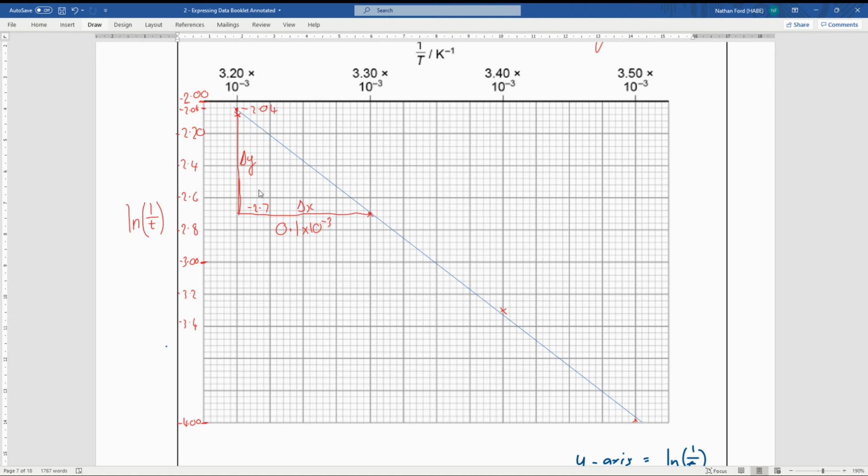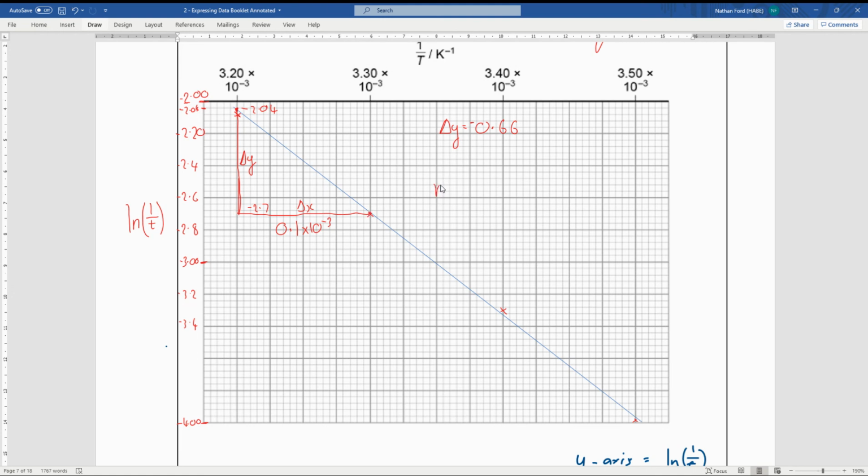So it's gone down. How much has it gone down? It's gone down 0.66. And that's exactly it there. That's how much it's decreased by.